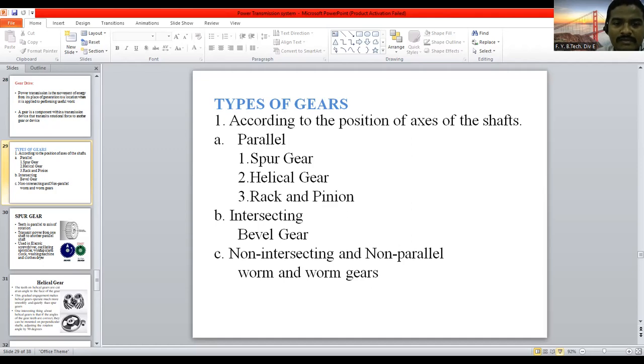त्याच्यामध्ये small a म्हणा, parallel. In that, 3 types of gears: spur gear, helical gear, and third is rack and pinion.